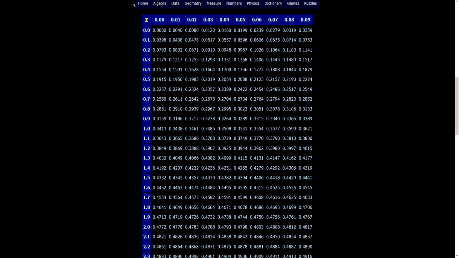What is that? You find it along the first row. It says 0.00, 0.01, 0.02, 0.03 up to 0.09. Why only till 0.09? Because after that you get 1.6, which is already present in the first column, so there is no meaning in adding the next number to that.